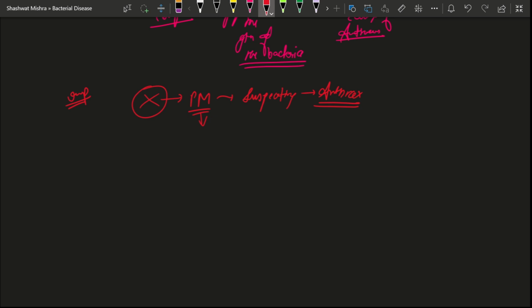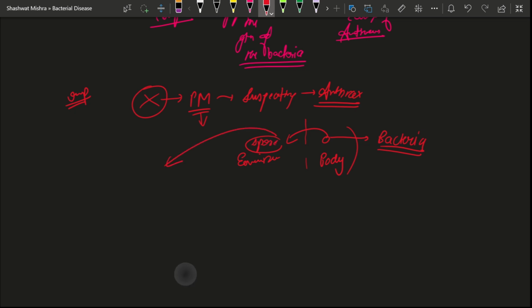Why? Because when we do a postmortem, we are going to open up the carcass, and when we open up the carcass, the bacteria will come out. Consider this to be the body of the animal that we opened, and this is the bacteria. This bacteria is going to come into the environment and form spores.